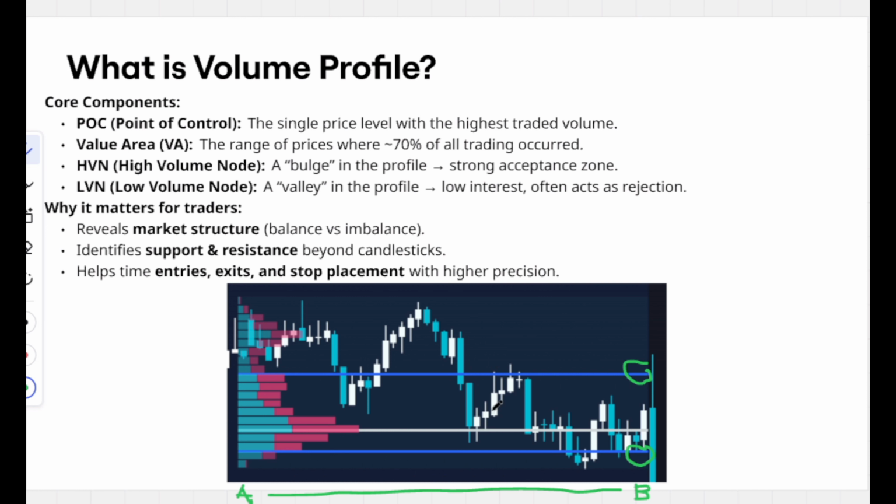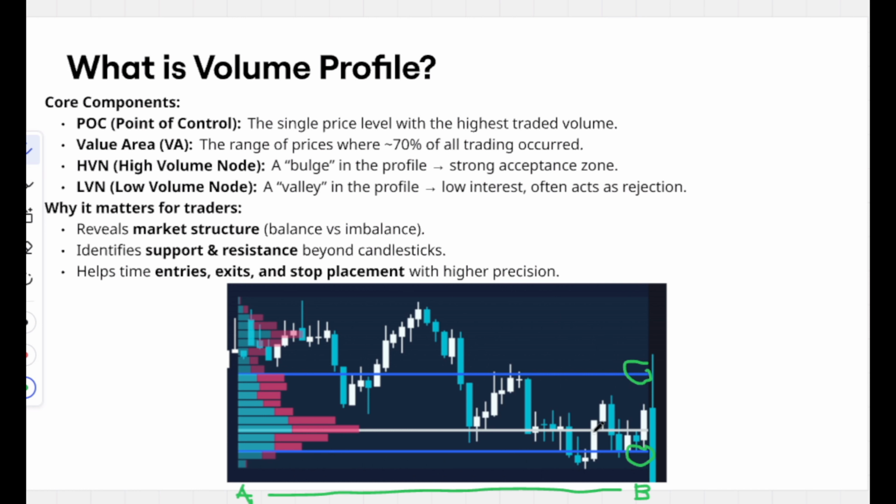It means low volume transacted outside the lower and higher ends. This is typically where the low volume nodes sit, and this is where you want to see some sort of rejection.